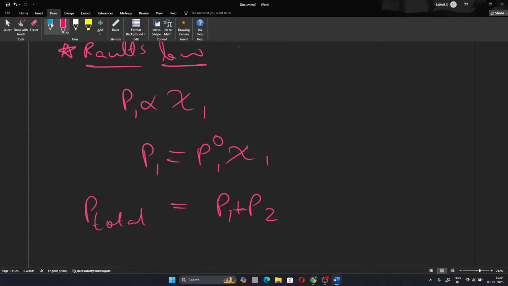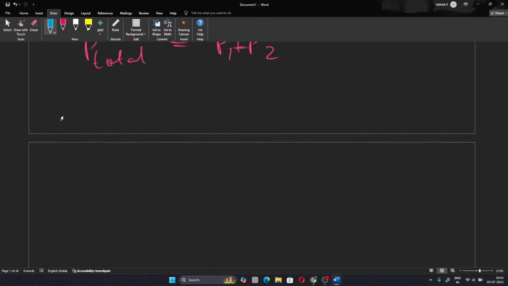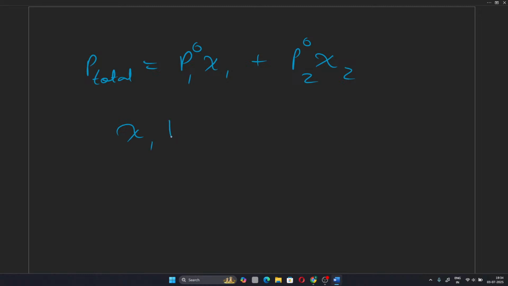In such a case, P total equals P1 plus P2, which is P01 chi1 plus P02 chi2. Here we know that in a binary solution chi1 plus chi2 equals 1.